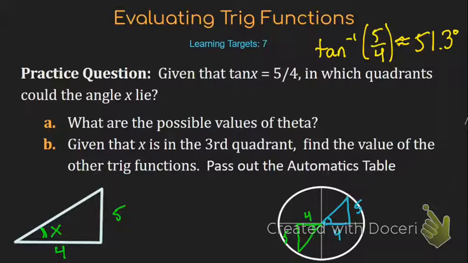What does that mean for us? How did we go from here to there? What's the difference between tangent and inverse tangent? Tim?